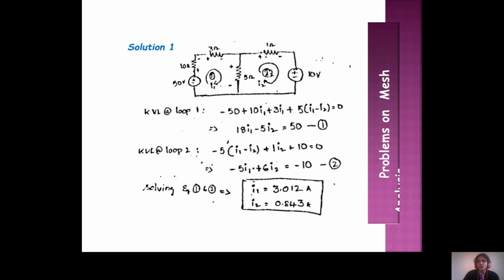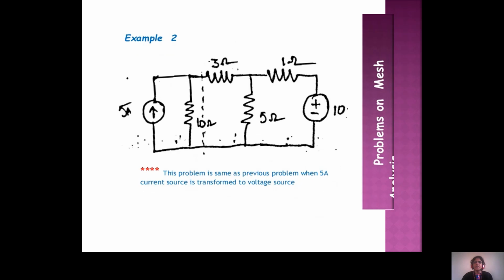When you solve these two equations, you get I1 equal to 3.012 amps and I2 equal to 0.843 amps. Next, let's take another example. If you observe here, there is a current source, so you have to convert this current source into a voltage source.